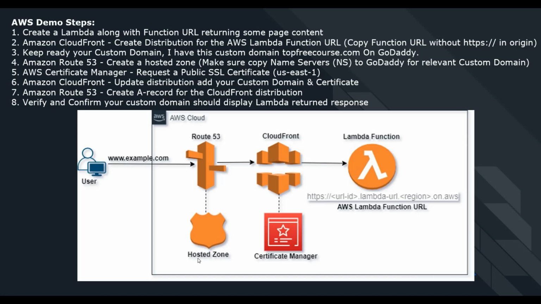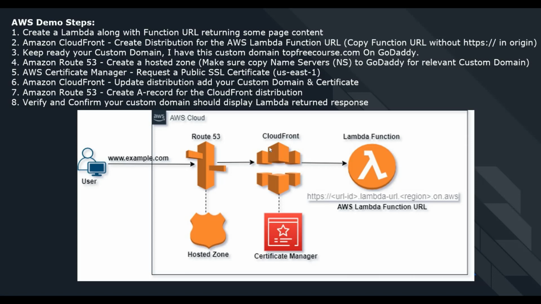In Route 53 we will create one hosted zone, and in the hosted zone we will get the NS records. Those NS records we will map within a particular provider like GoDaddy or any other provider, so that with our domain we map those name server records.